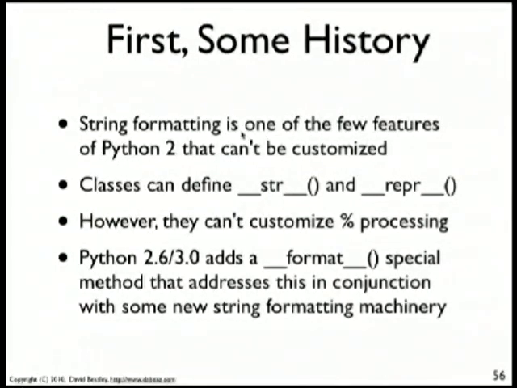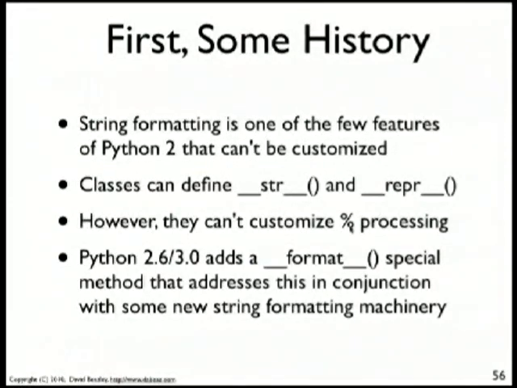Classes and objects in Python 2 could define things like str and repr to change what their output was. But one of the things they couldn't do is customize anything with that % operator. There was no way an object could do some kind of custom thing with %.